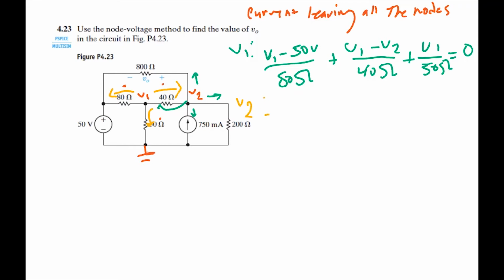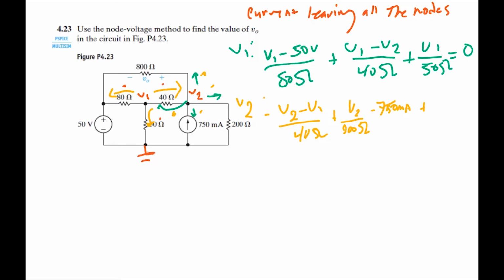Now we will solve equation 2 for V2. We know V2 has currents going this way, that way, and that way. Our first current, going from V2 to V1 over the 40 ohm resistor, is V2 minus V1 over 40 ohms, plus V2 over 200 ohms, minus the 750 milliamps.